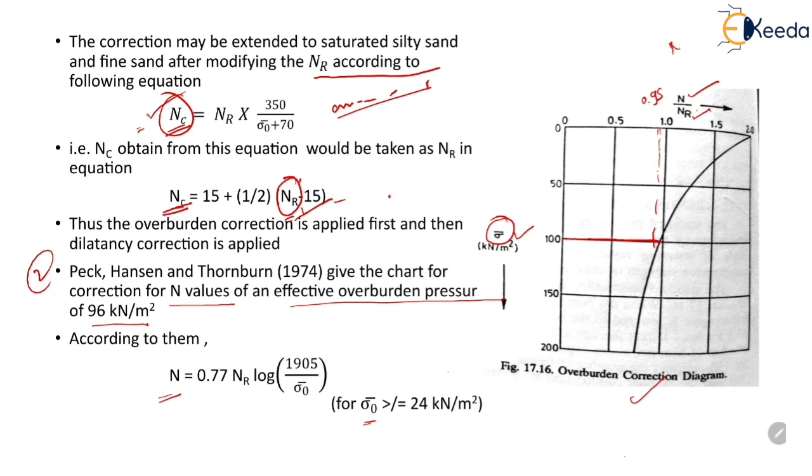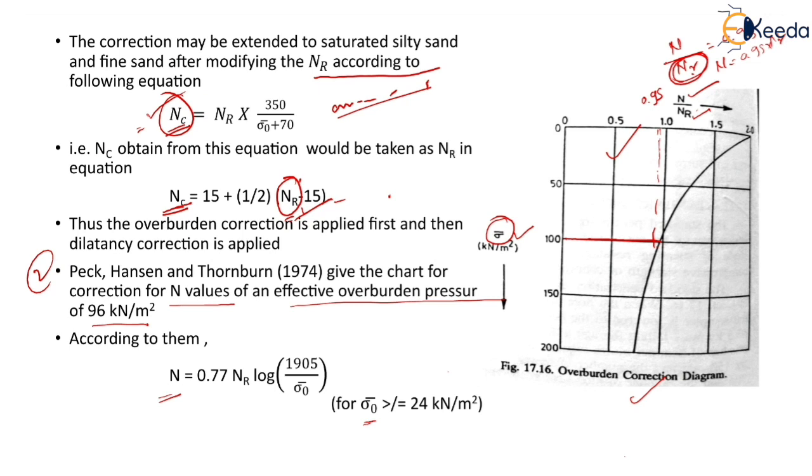So this N upon Nr will be equal to 0.95. If we know the value of Nr, then we can find the value of N, which is equal to 0.95 into Nr.